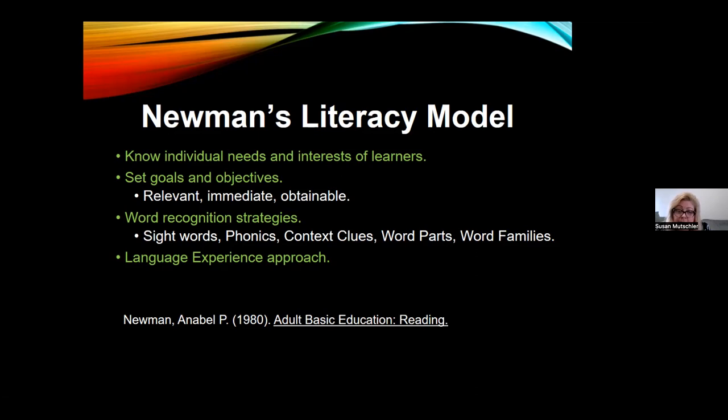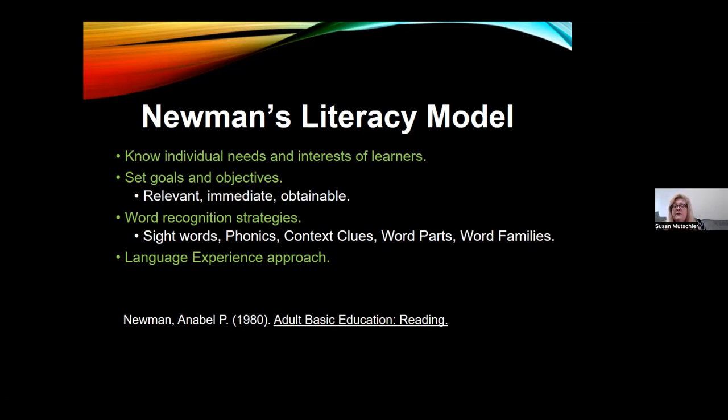And we talked about having relevant, immediate, and obtainable goals. And then the word recognition strategies, you know, remember the sight words and the phonics and the context clues and the word parts and the word families.